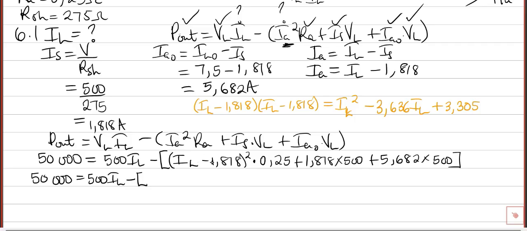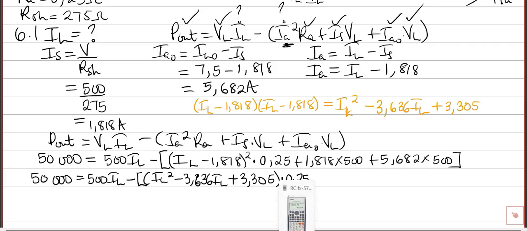So inside these brackets here, I will have IL squared minus 3,636 IL plus 3,305 squared times 0,25.